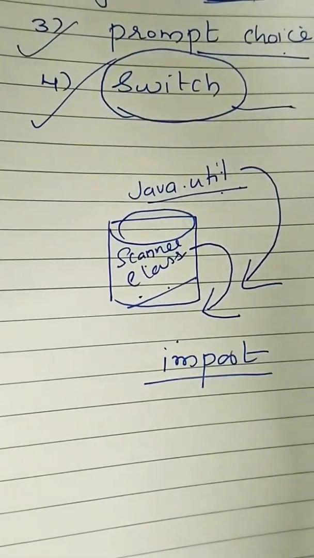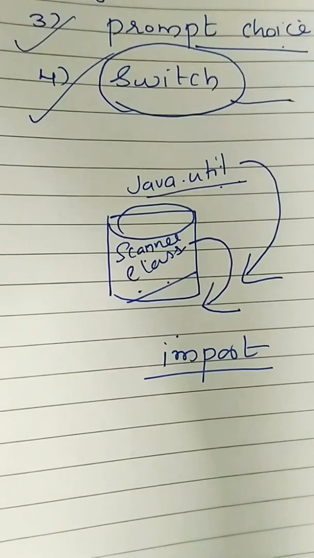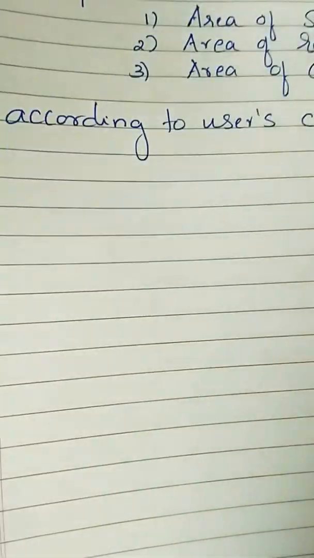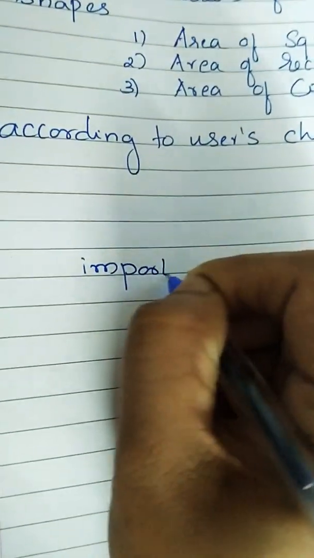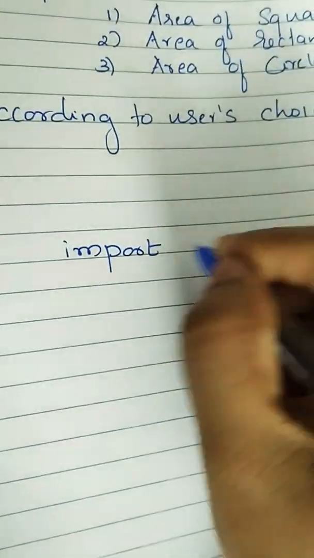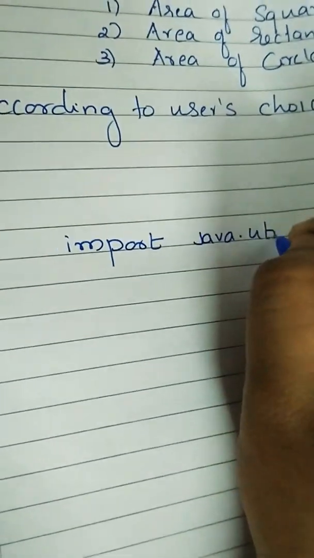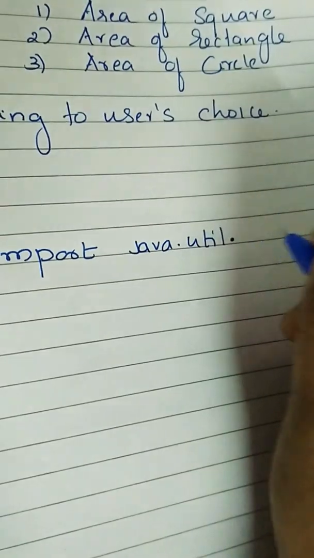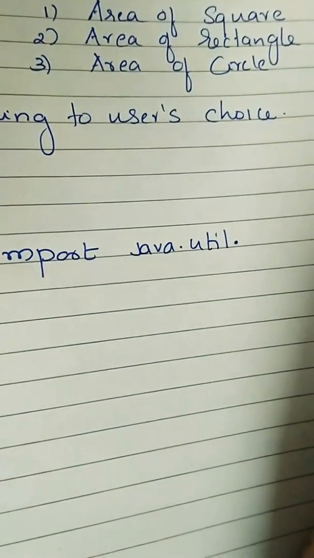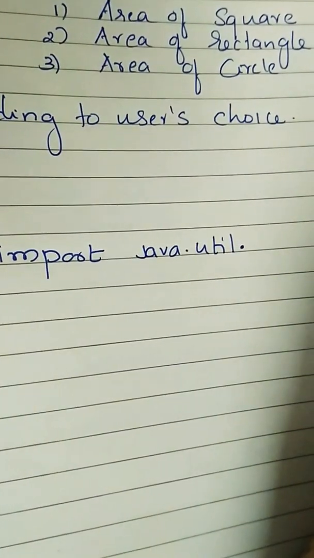So we'll see what is the syntax for bringing the package and the scanner class into our program. First we will write the import keyword, which is in small letters, and you give a space. Then java, in small letters, dot util, the package name you will write. After that you will put a dot. Either you can write an asterisk symbol or you can put the class name which you want to bring into the program.